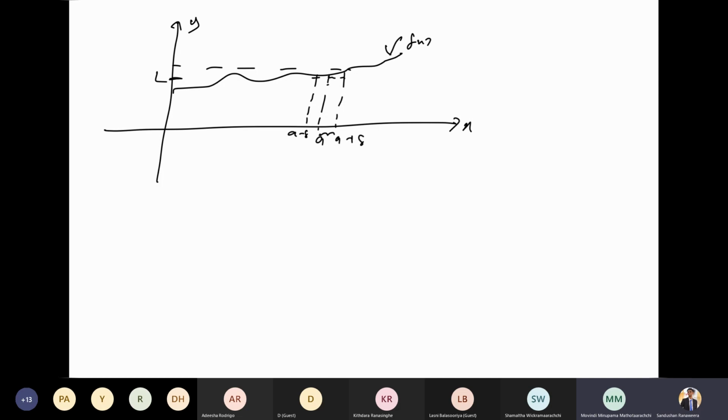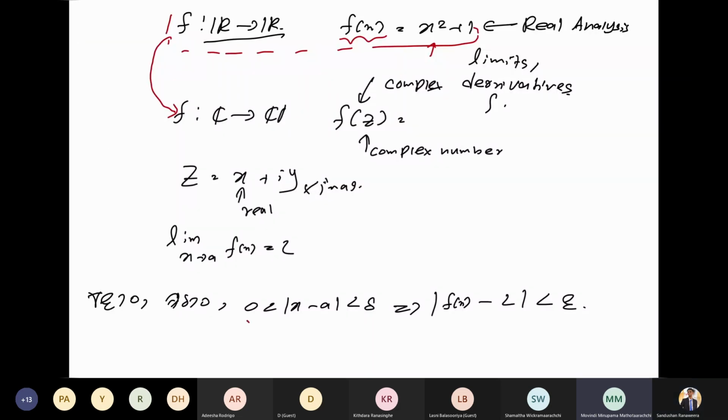So what if I say I'm going to do the same thing, z goes to z naught, f(z) equals some L? How are you going to generalize this idea? What does this mean?